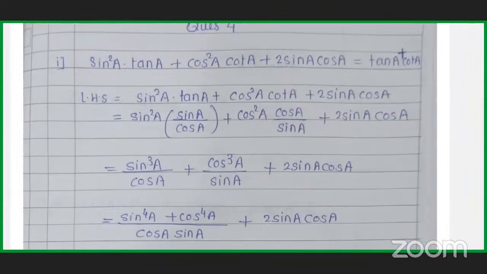So write down the LHS first: sin square A into tan A plus cos square A into cot A plus 2 sin A into cos A, correct? So we have to keep sin square A as it is. What is the value of tan A? We have to write in brackets sin A upon cos A. We have to write cos square A as it is.